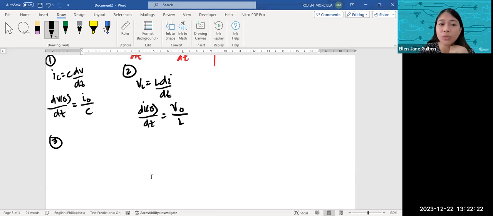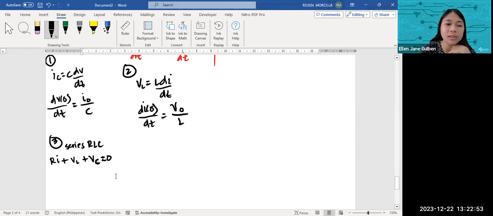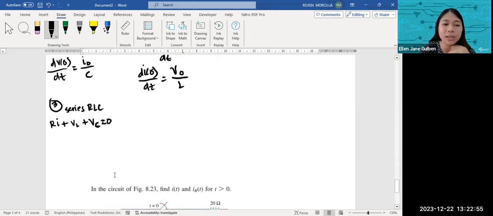We can also get it, number 3, from our series loop. If you have a series circuit, we will get KVL: RI plus VL plus VC is equal to 0. This is for series RLC. So from series RLC, we will have this condition right here.